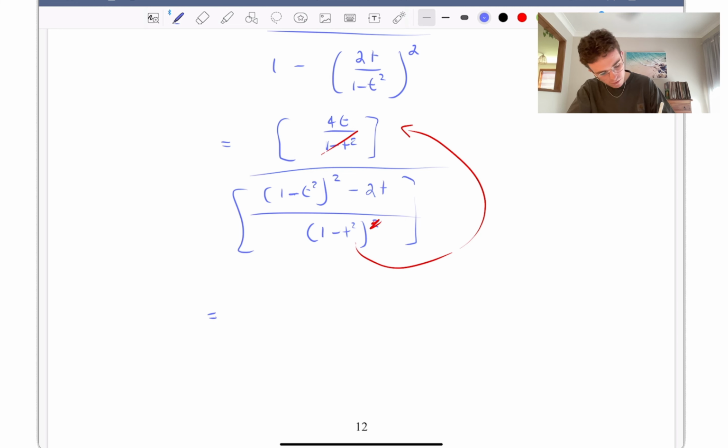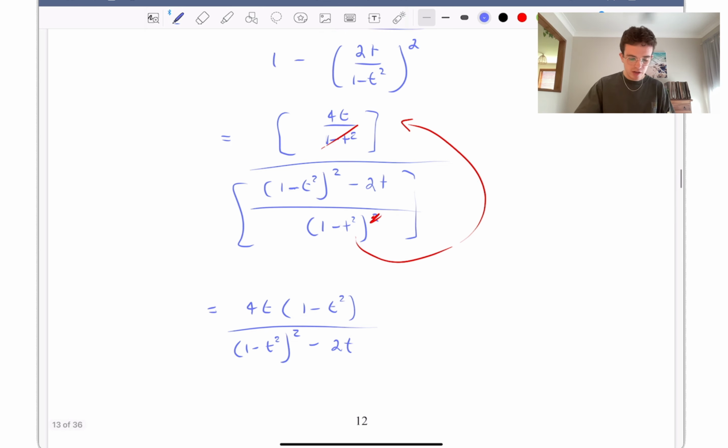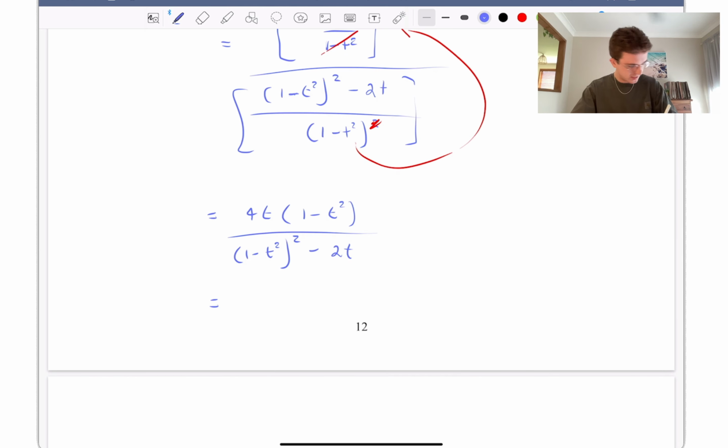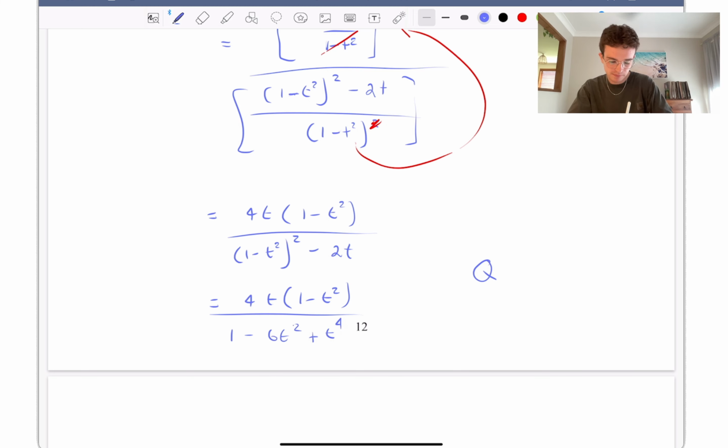So we're going to have 4t 1 minus t squared over 1 minus t squared squared minus 2t. Now if we simplify the bottom, on the top first up, we've still got 4t 1 minus t squared, and the bottom, if we expand that and then simplify, we get 1 minus 6t squared plus t to the power of 4, which is what we're after.